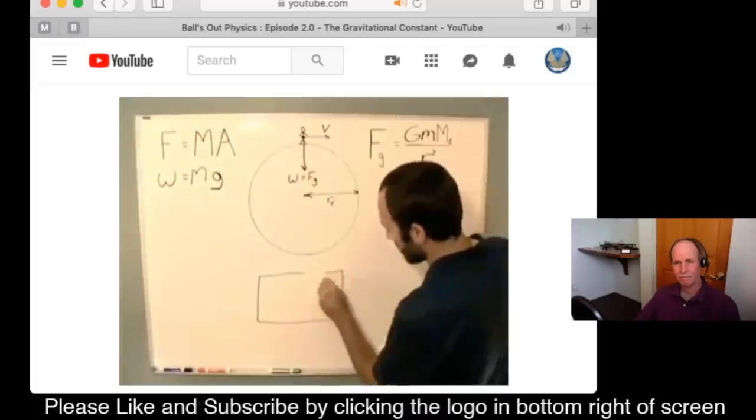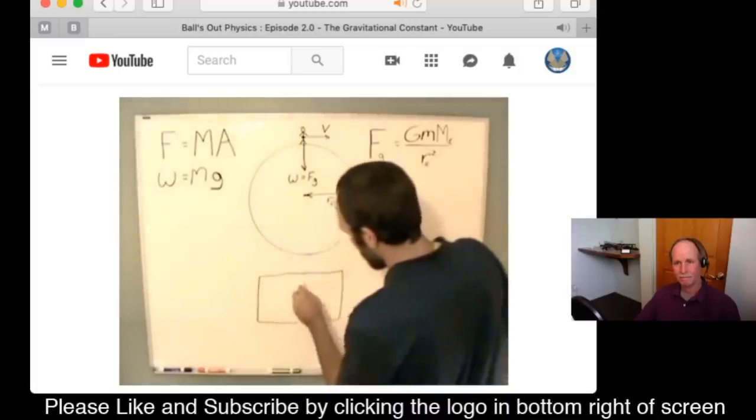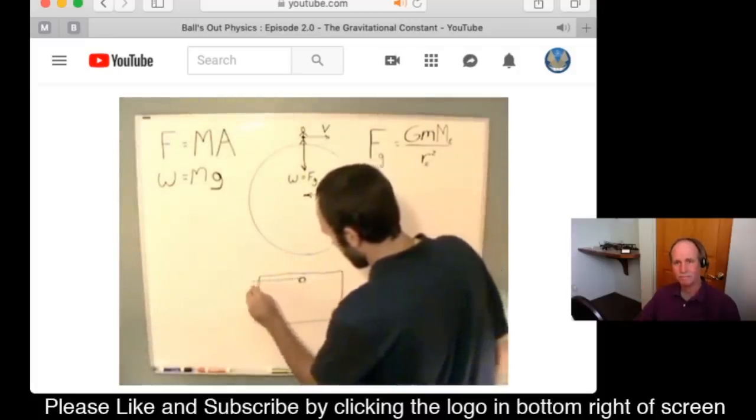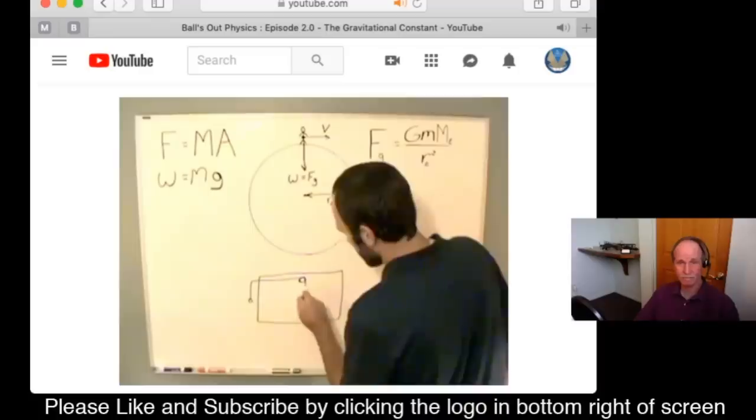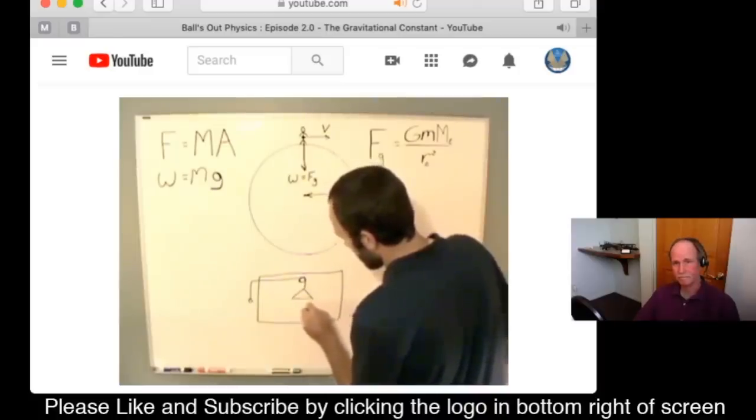Something like this. Okay? And in this box, there was a pulley with a rope leading outside the box, something like that, a little handle on it. And what hung from it was this thing called a torsion rod. Something like this. And on the ends of the rod were these large lead balls. And on the inside were these smaller lead balls. Something like this.